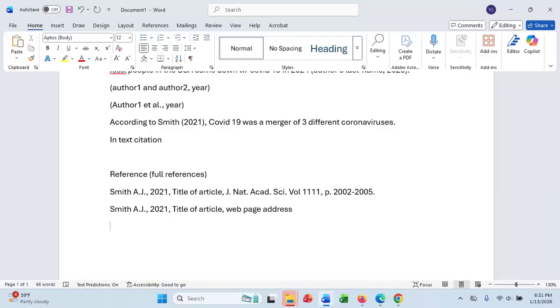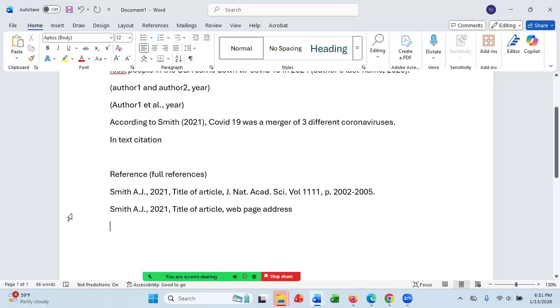For a book, there's a few more things you need to add.